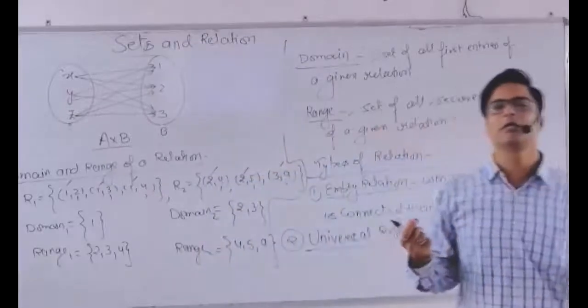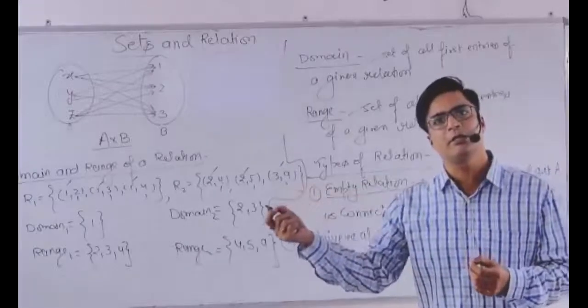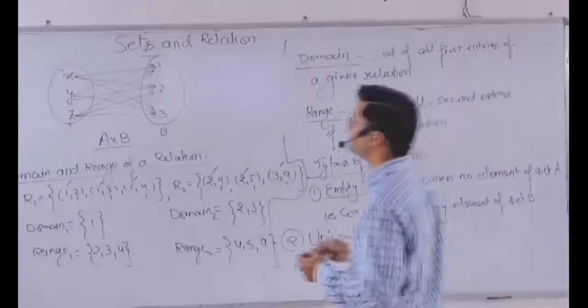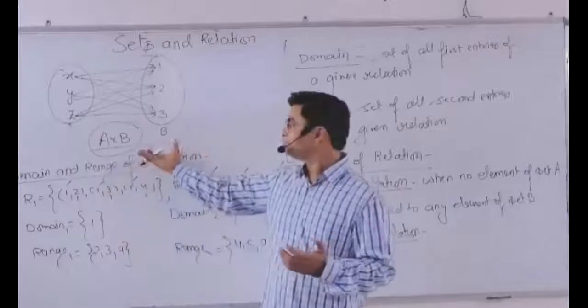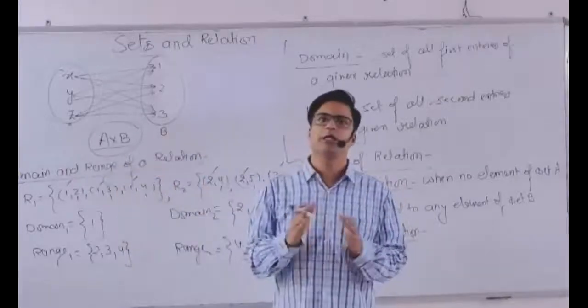In universal relation, each and every element must be connected with each and every element of set B. That means if I say universal relation, I am actually talking about my Cartesian product A cross B itself.